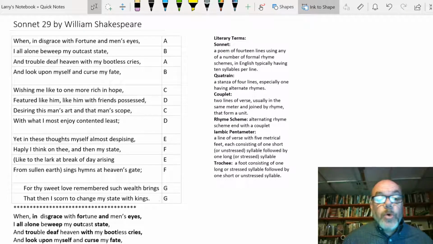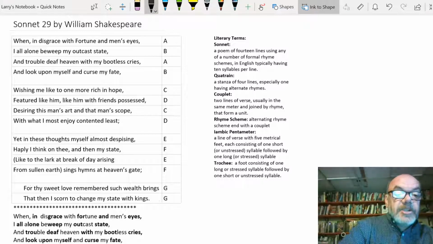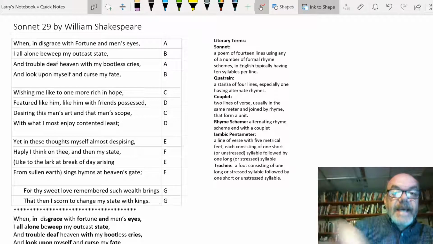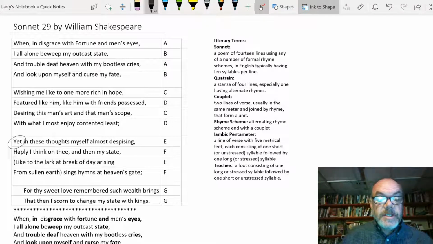As I said before, in the third quatrain, the ninth line, it's not unusual for Shakespeare to start that with a conjunction. So we have yet here to start that line. So now we have this wonderful shift.